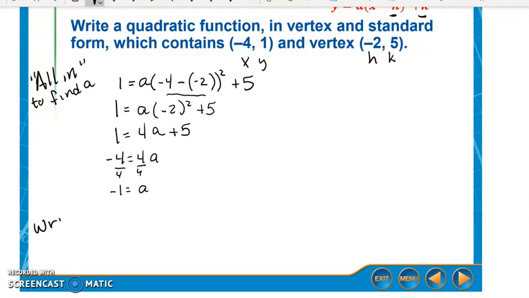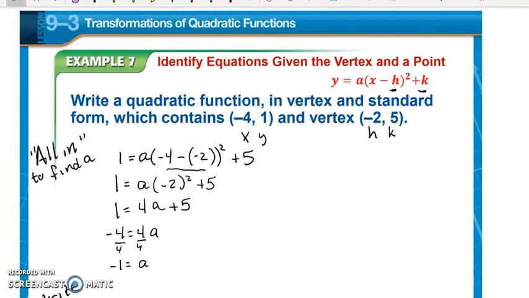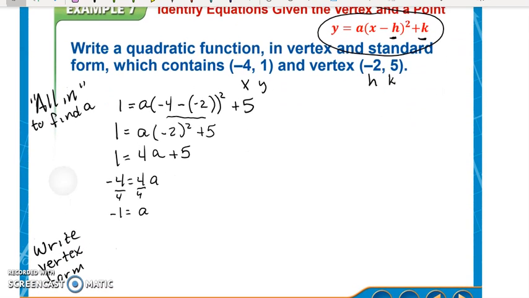Cool, we got negative 1 equals a, so now we're going to write the equation in vertex form. That's vertex form right there. We want to write this equation because it makes it easy to find the vertex. That's why it's called vertex form.